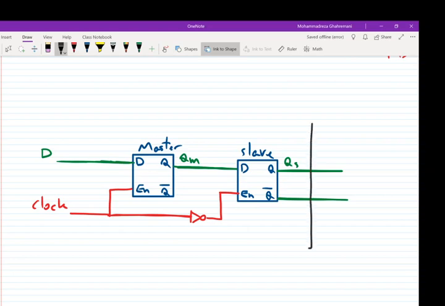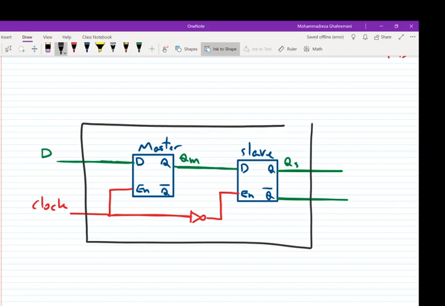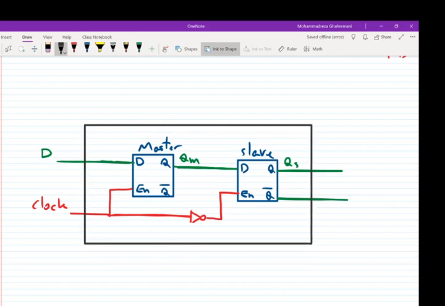So we put all these devices in a single block and we call it a master slave D flip-flop. Okay, this one is the master slave D flip-flop. But how does this master slave D flip-flop work?